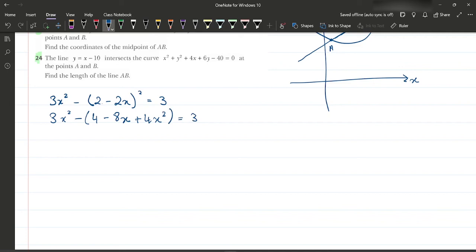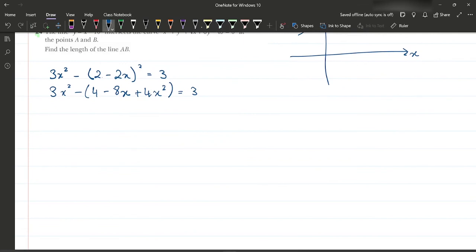Just making sure that I did it right. Now, the next thing is multiplying through with the minus, because we don't want to get that wrong.